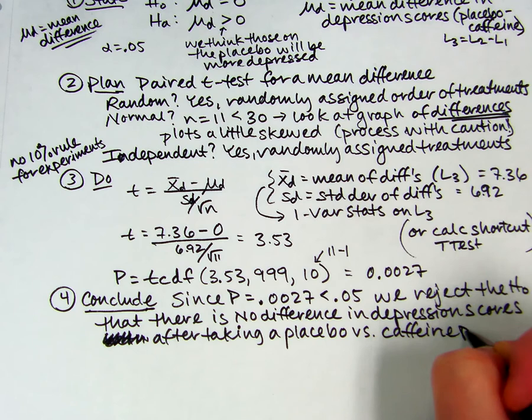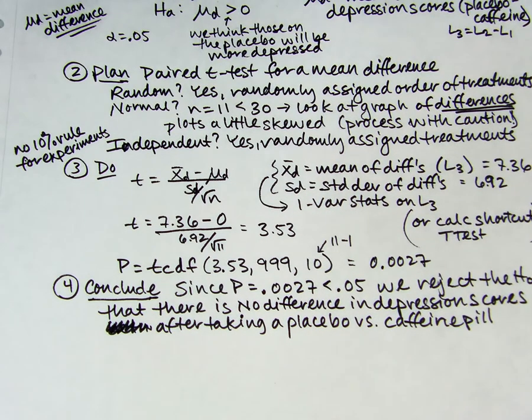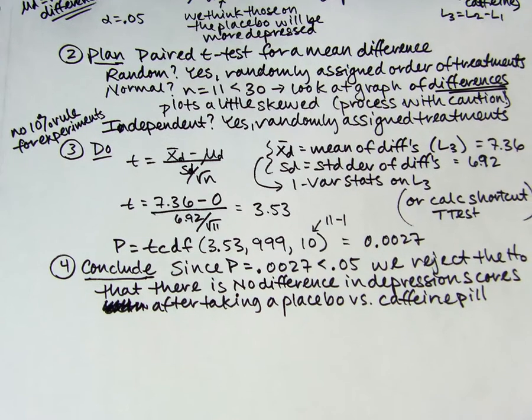And so here's a reminder that the null is dull. The null is there's no difference, nothing exciting. The test did not find anything interesting happening.